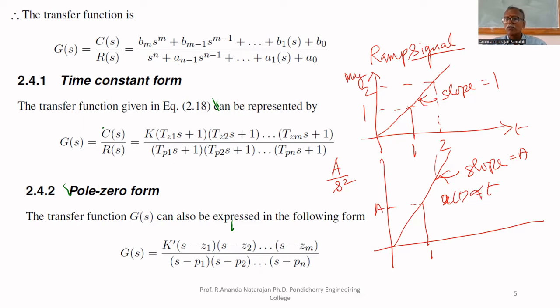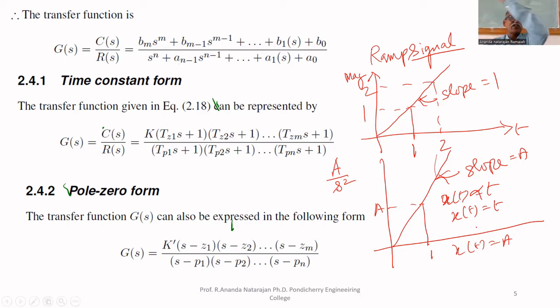If x of t is equal to t, it is a unit ramp signal. If x of t equals A t, it is a ramp signal of magnitude A. If x of t equals t, the coefficient is 1, at 45 degrees.